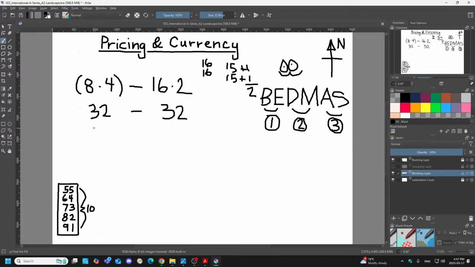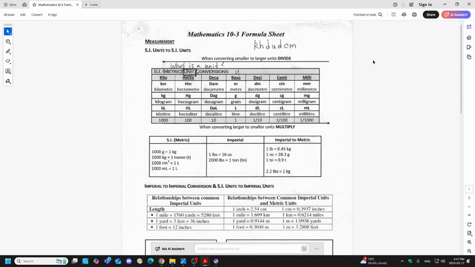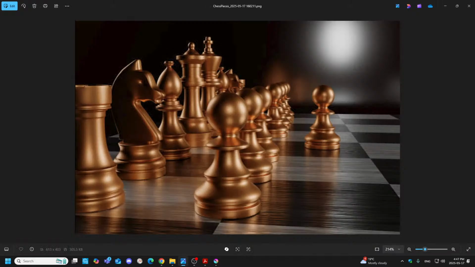And hopefully you guys have been working on your integer grid. Do I have that opened? Well, let's see if I can find it here, integer grid.